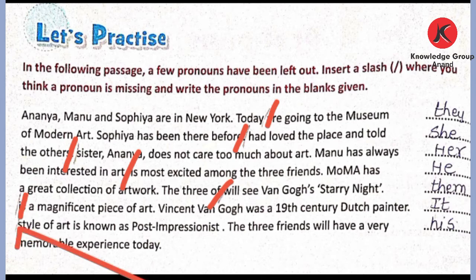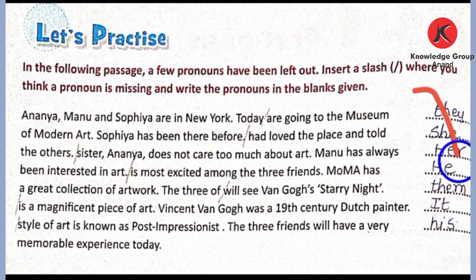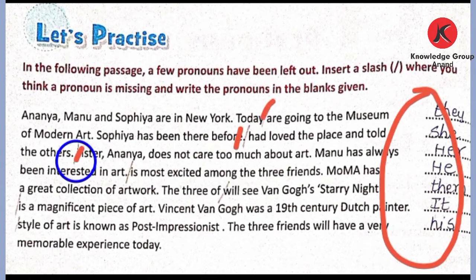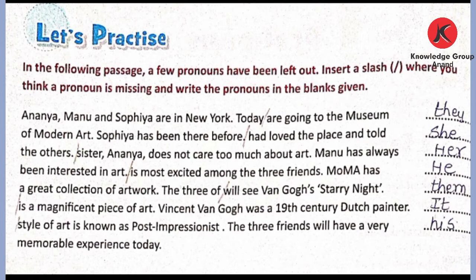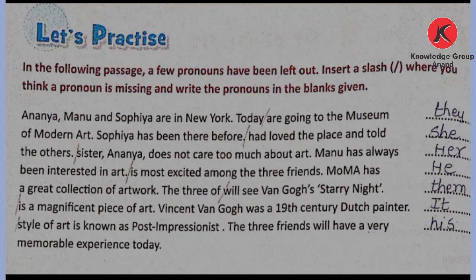Before "style" also we have to put a slash, and we have to complete this exercise in your textbook. In the following passage, a few pronouns have been left out. So we have written the pronoun here, and here we have put a slash to write down.